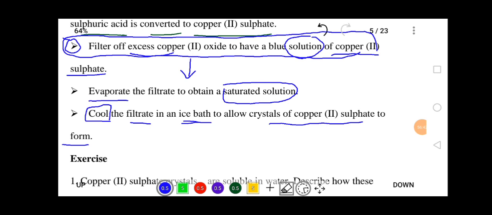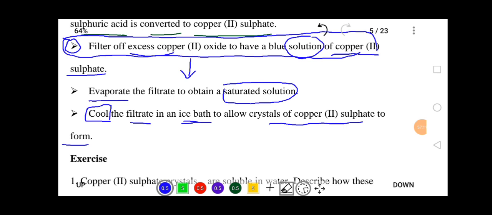So that you can promote the formation of crystals of copper 2 sulfate. Because by cooling, you are decreasing the temperature, and when you decrease the temperature, the particles now will be formed. That is very important, my dear learners. Very, very important.